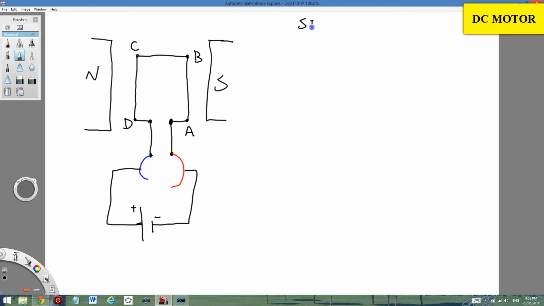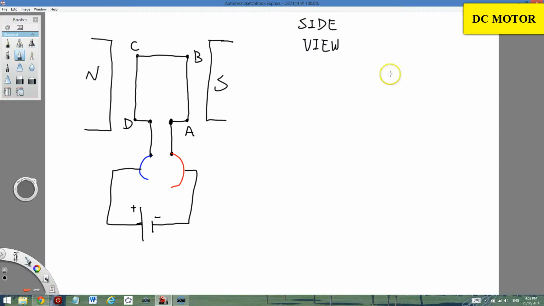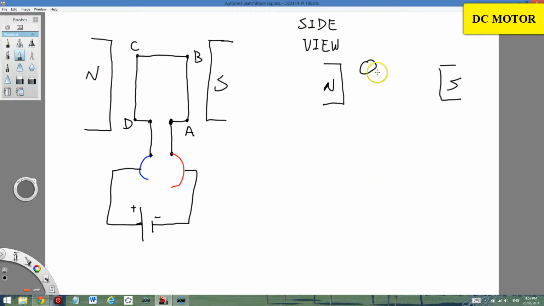So if I draw the side view again, according to the previous diagram, if the whole thing rotates, it ends up something like this. So this is point D and this is point A.